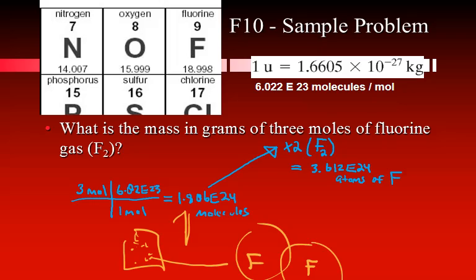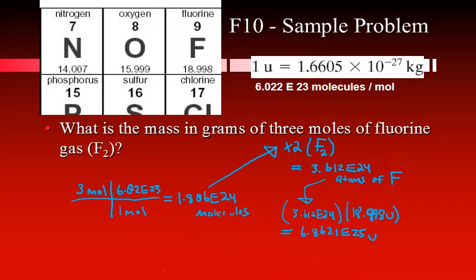So this is the total number of atoms. We have to multiply this by 2 because each of these dots just represents F2, which are 2 separate atoms that are sharing electrons, right? So that's the total number of atoms. And then if we know that fluorine is this value in U, we multiply that by U, and we get that mass, and then we can convert that to kilograms.